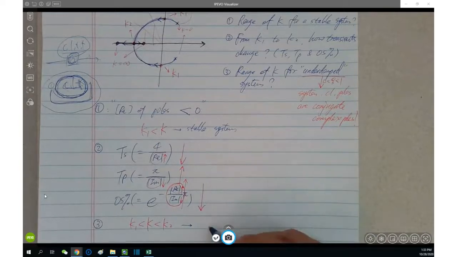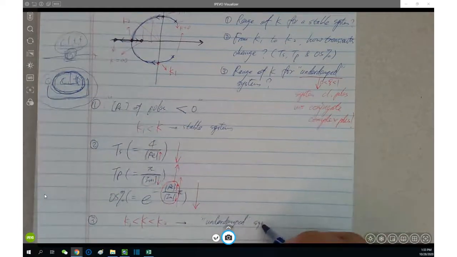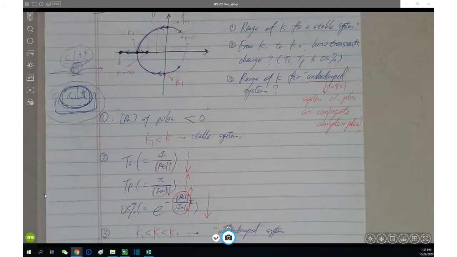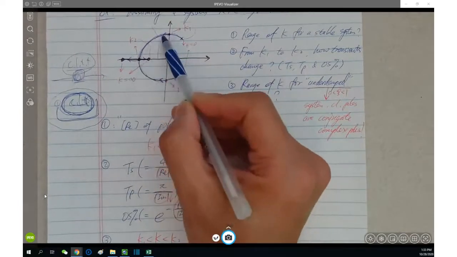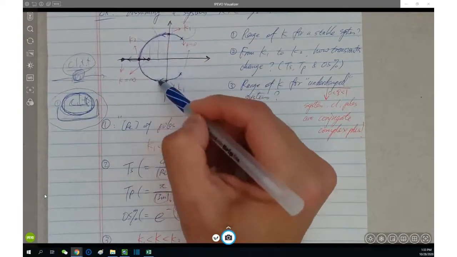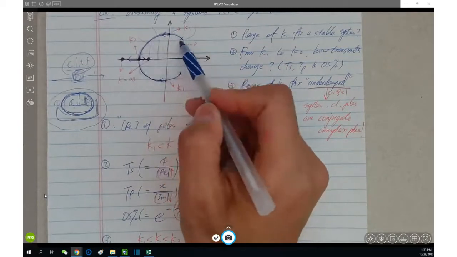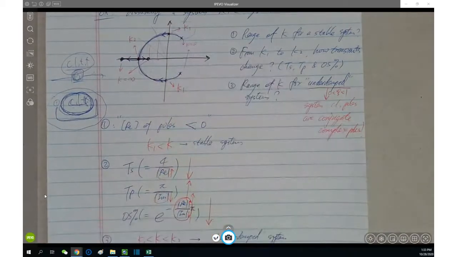So here, underdamped system. Between K1 and K2, you have closed loop poles in what? Obviously, this is 1, 2, 3, 4, the 2nd and 3rd quadrants, right?